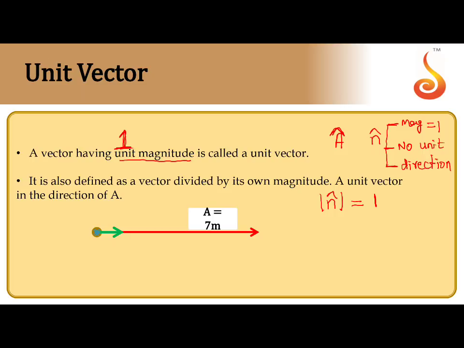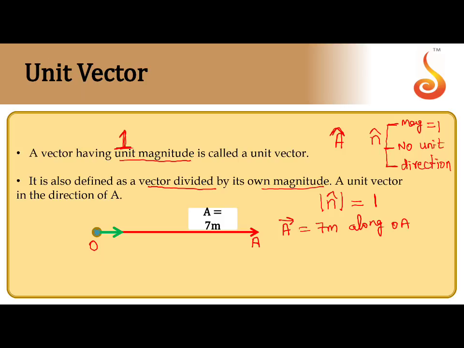So you understand, when I take the modulus or the magnitude of this vector, it is just a number equal to 1. Now the other way of defining a unit vector is, a given vector divided by its own magnitude gives the unit vector in that direction. Suppose I have a vector OA. I want to define a unit vector along OA. So here my A vector is equal to 7 meter along OA.